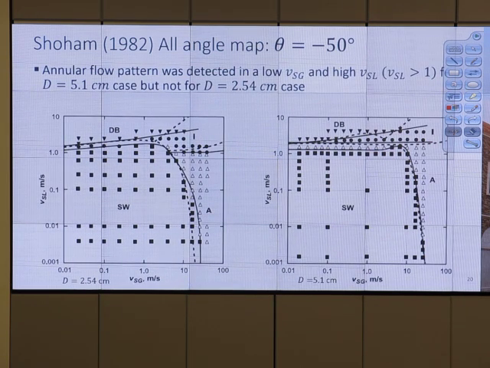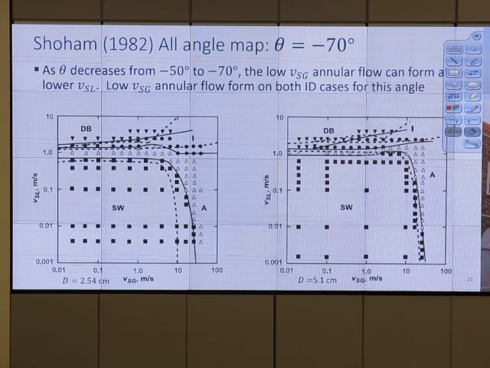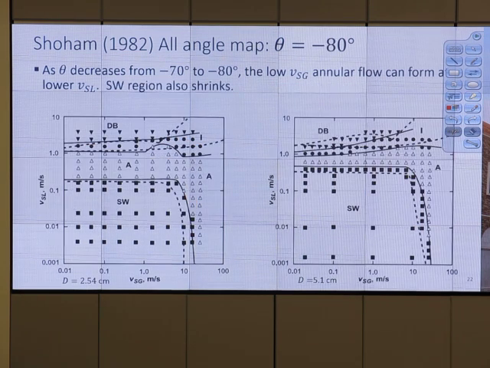Look at minus 50. Look at this part. Somehow, annular flow kind of moves over stratified wavy a little bit. At minus 70, annular flow happens there.